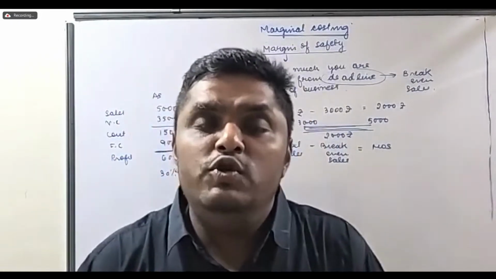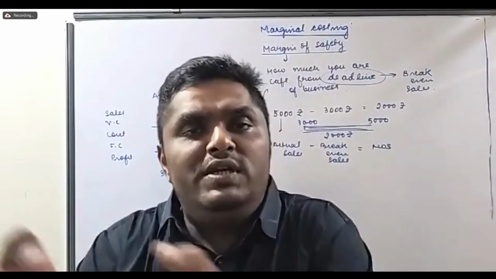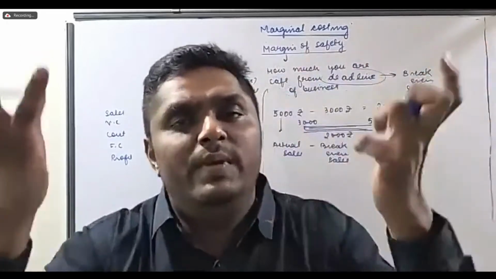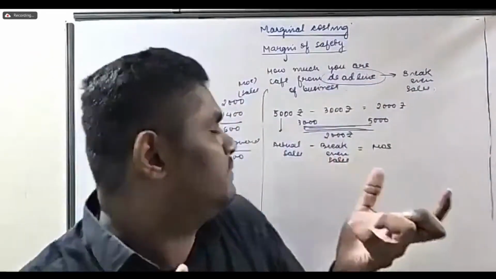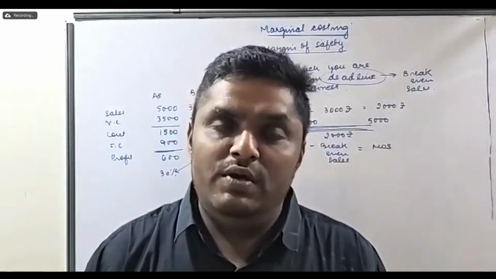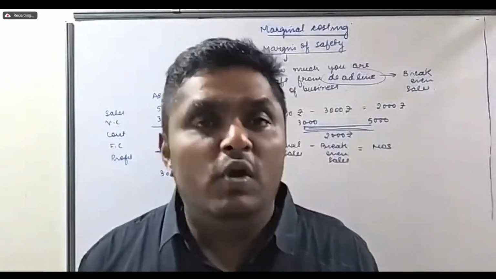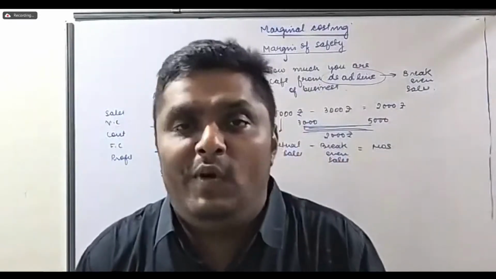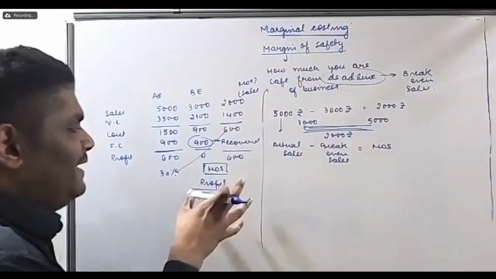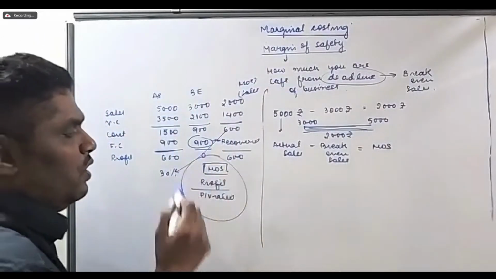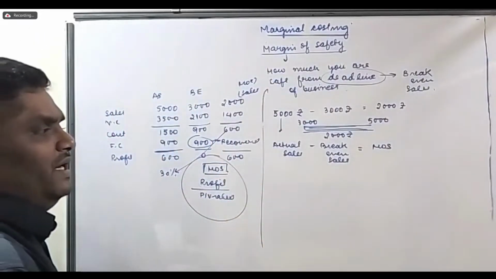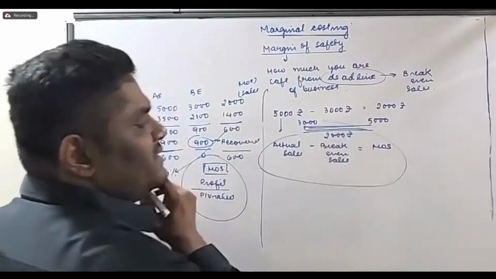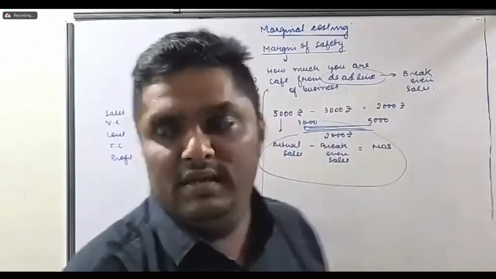Extra contribution kitna hai? 600. Contribution is equal to 30%. How much will be my sales? That is 2,000. So extra contribution to hum log likh nahi sakte. So the correct word is what? Profit. So very simple, when talking about margin of safety, there are two ways: either profit divided by PV ratio, or actual sales minus break-even sales.